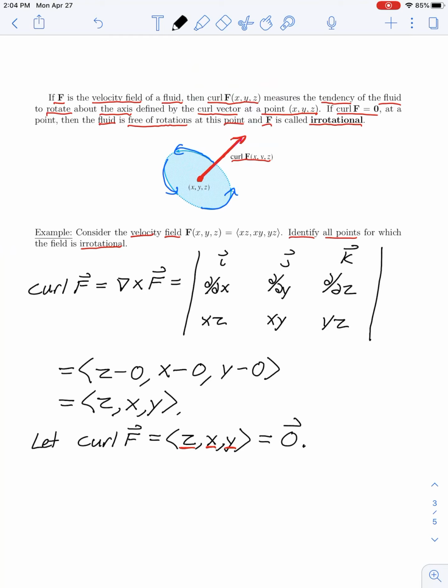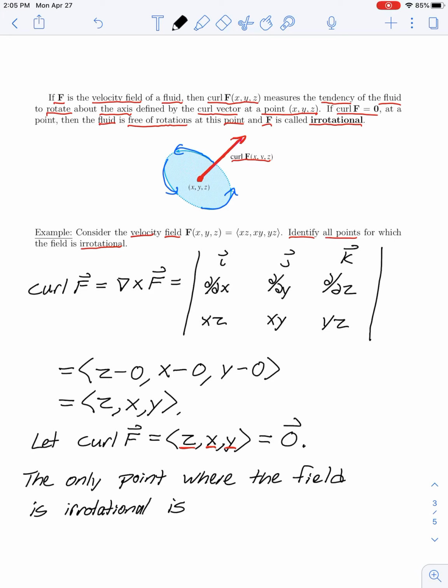So there's only one point, namely the origin, where this field is irrotational. So here, let's say the only point where the field is irrotational is the origin, x, y, z equals 0, 0, 0.